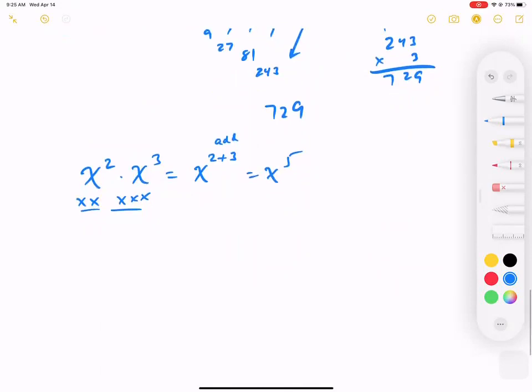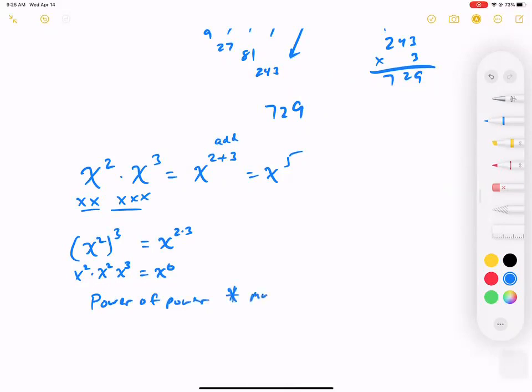If I wrote it a little differently, if I said x squared to the 3rd power, we have 1, 2, 3. So don't we have x to the 6? So we would multiply our exponents. So if it's a power of powers, we multiply exponents.